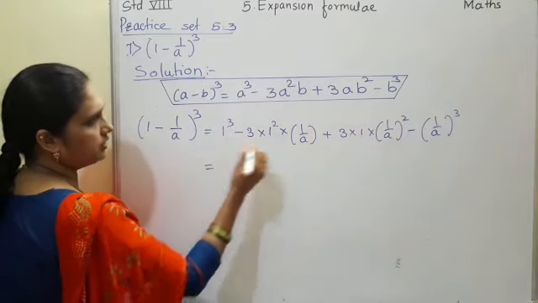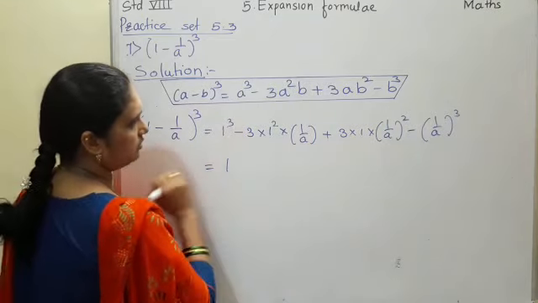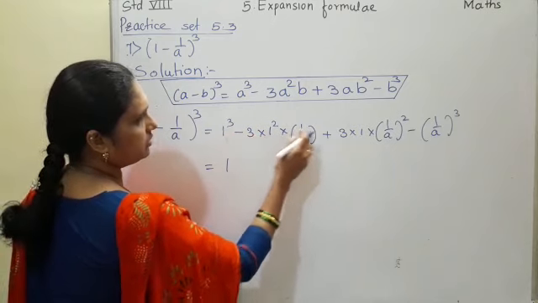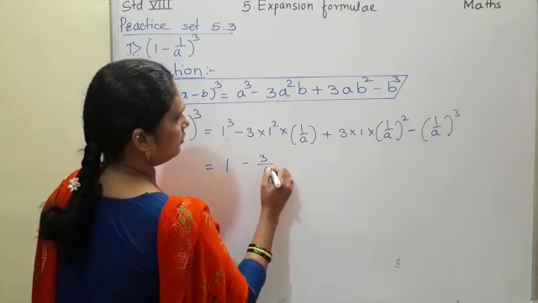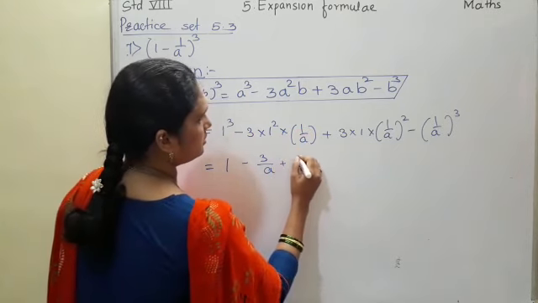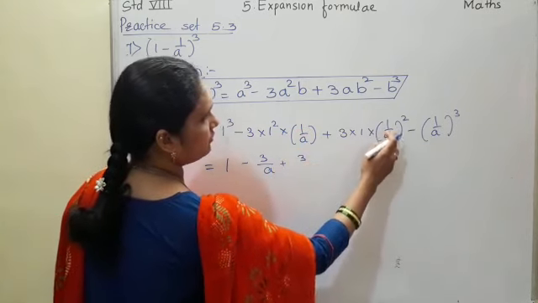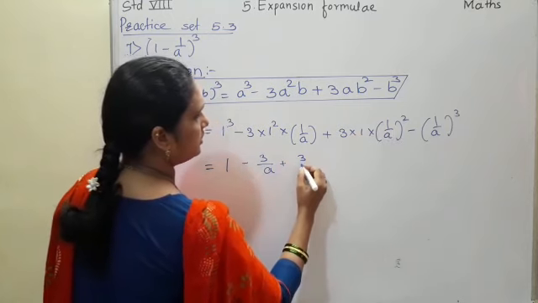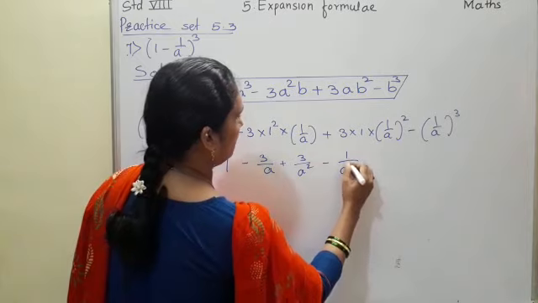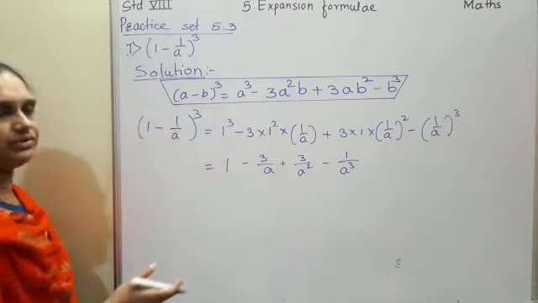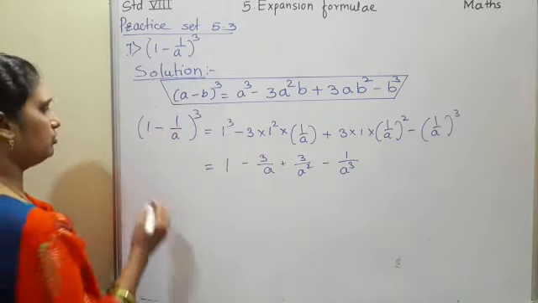Here we'll solve. 1 cube is 1. 3 into 1 into this is 3 upon a, plus 3 into the square of this, which is a square, so 3 upon a square, minus 1 upon a cube. Further we cannot add or subtract, so this is the answer.